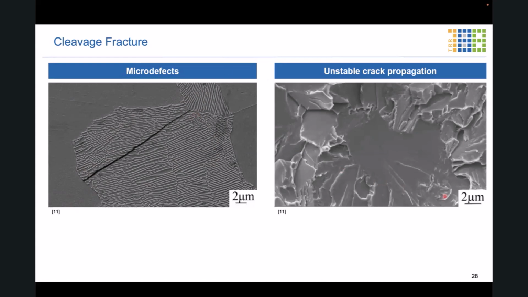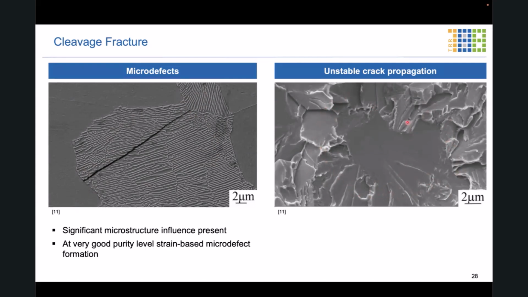And then if you have a closer look at this, the fracture surfaces usually look as they are shown over here. So there is a significant microstructural influence present, and at a very high level of internal cleanness, we can argue that we need a strain-based criterion to predict the creation of those micro defects.